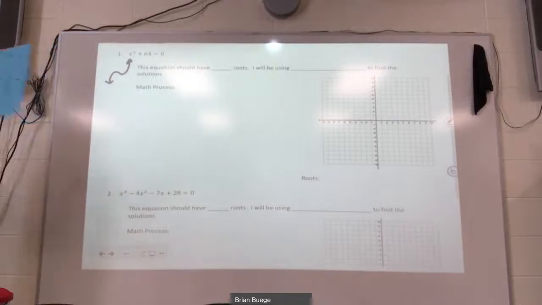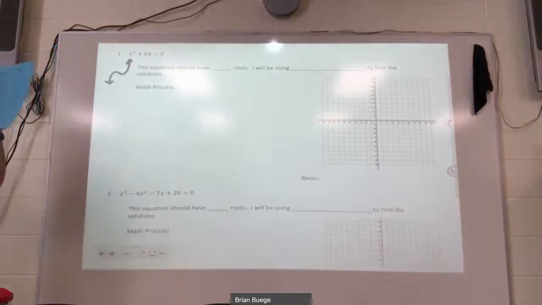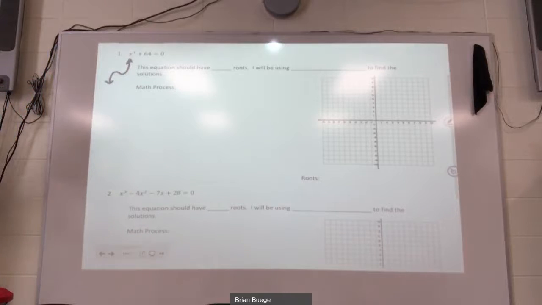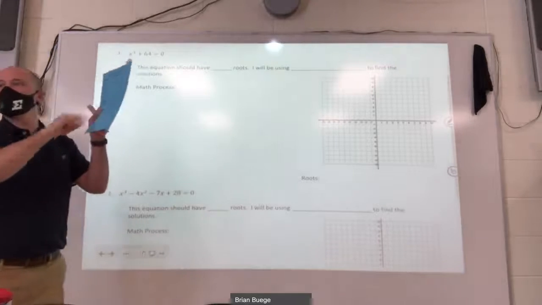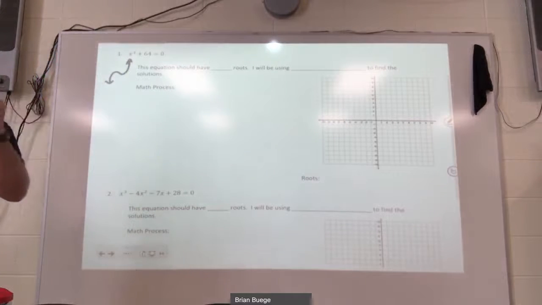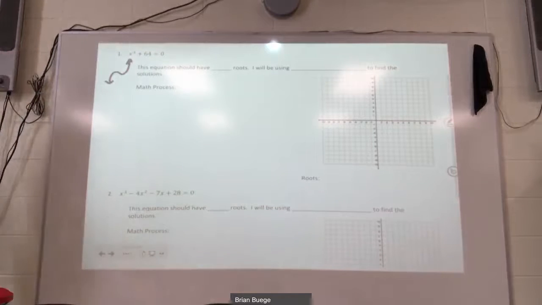If I were you, I would put a little star next to 3 of these. The first one is factoring a difference of squares, and then the last 2 are your sum and difference of cubes. Those are the 3 that we've talked about. So you may want to star those so that you know when you're looking for factoring, those are the 3 right now that we're working on.